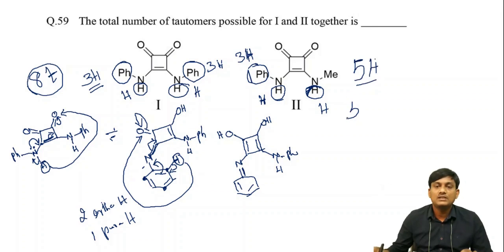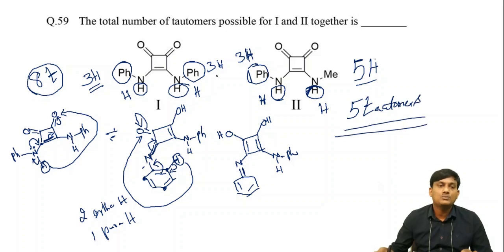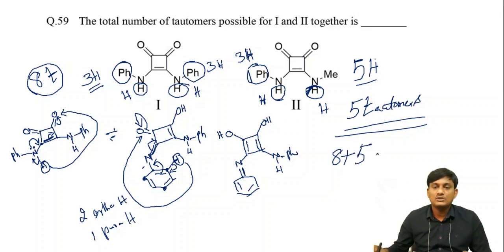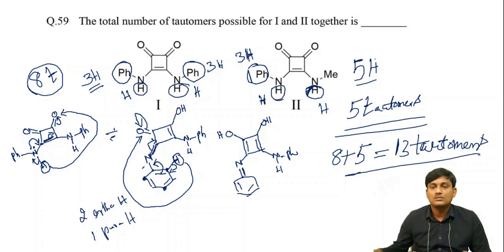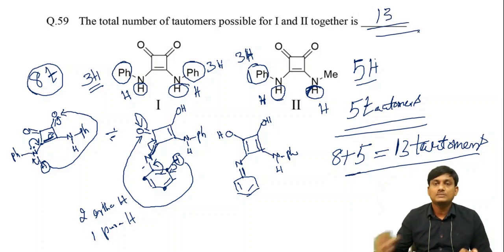Means you will have 5 tautomers. In this molecule, you have 5 tautomers. From the first molecule, you have 8 tautomers. So finally, the total number of tautomers will be 13 tautomers. What is the answer? 13 is the answer.